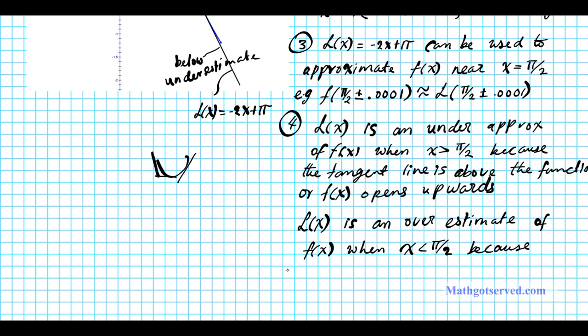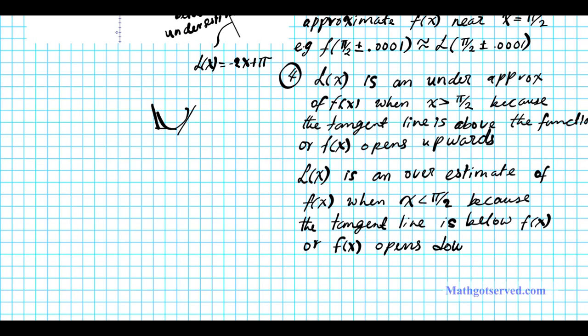Because the tangent line is above f of x, or f of x opens, I'm sorry, opens downward. So if the function opens downwards, all the tangent lines are going to be above it. The estimation of the tangent line will be above that point of tangency. So that's the fourth conclusion that we can draw from this situation.